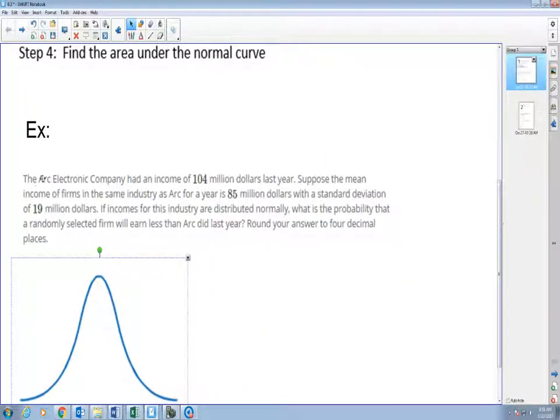The ARC Electronic Company had an income of $104 million last year. Suppose the mean income of the firm, so that's a key word right there, the mean income of the same industry for a year is $85 million with a standard deviation of 19 million.